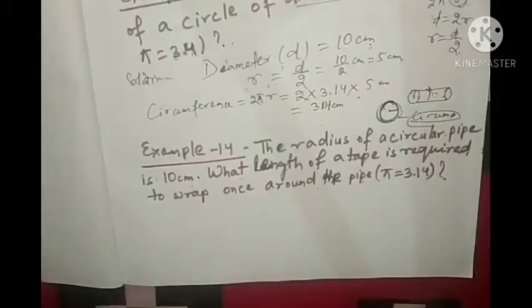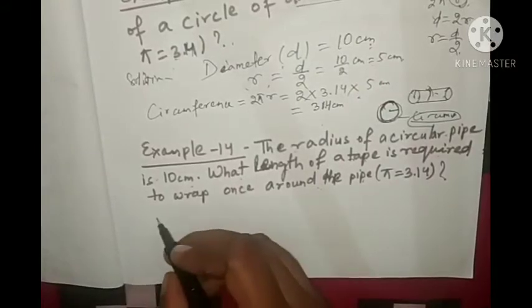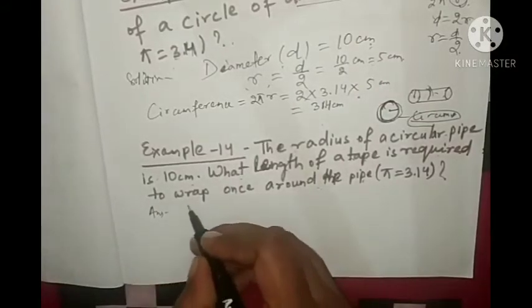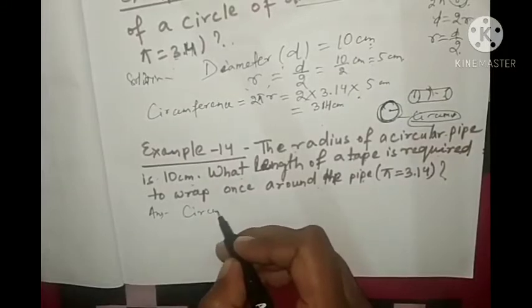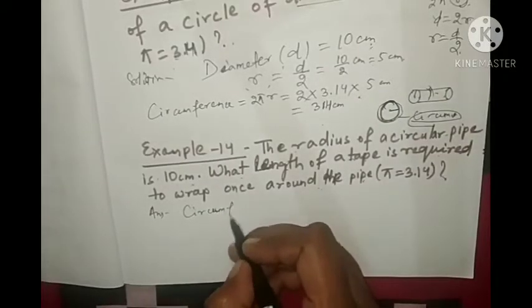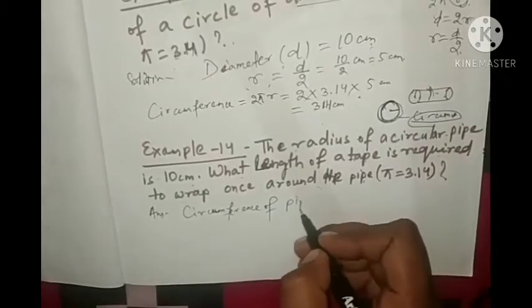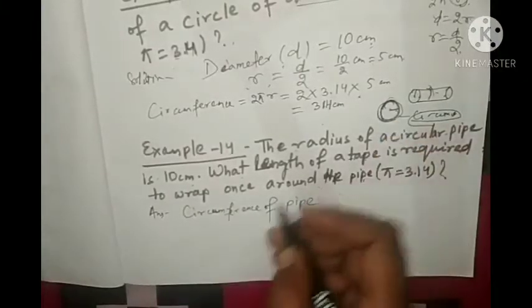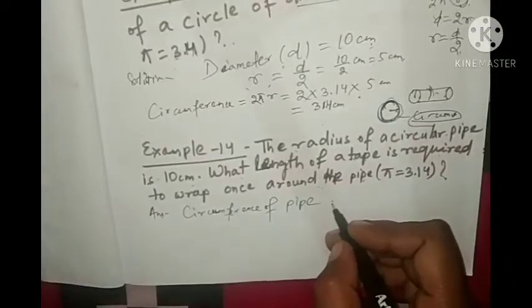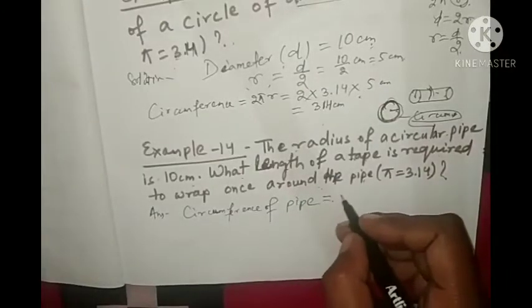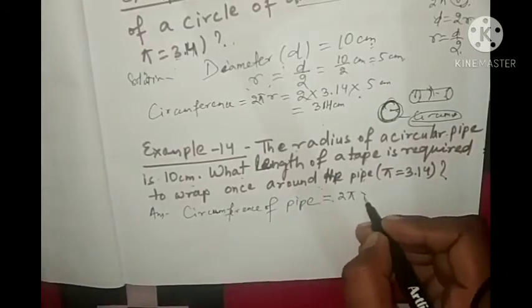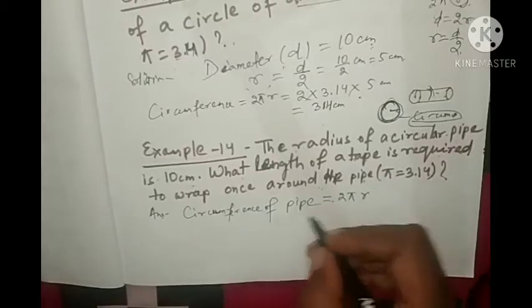So let's see. Answer is what? Circumference of pipe. We need to find out the circumference. Circumference of pipe equal to how much? 2 pi r. Okay.